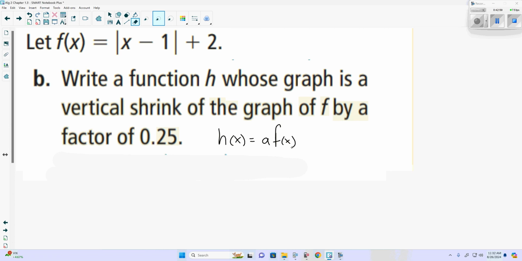For vertical stretch or shrink, we don't have to do anything to our value of a. And for us here, a is 0.25. Even though it's a shrink instead of a stretch, it doesn't matter. For vertical, replace a with its value, which gives us 0.25 times f of x.